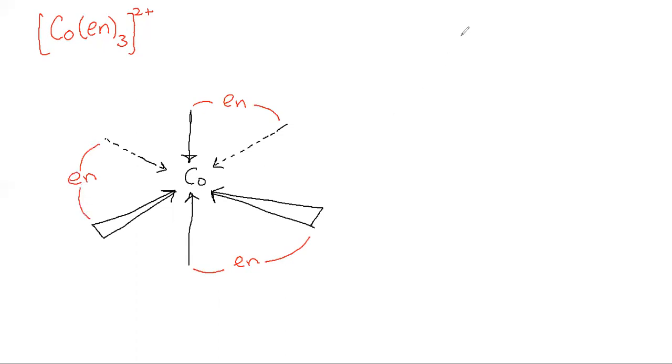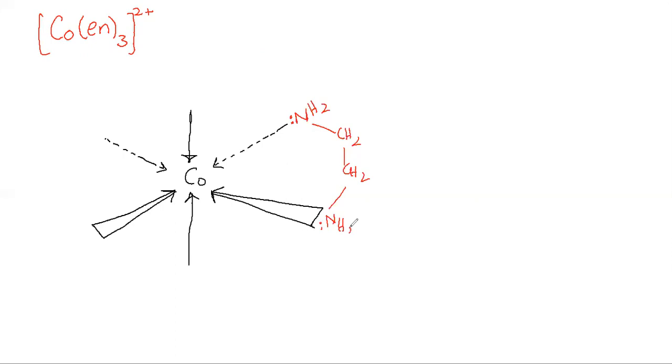If the examiner says to show the bidentate ligand in detail, if it is asked in the question that the bidentate ligand has to be shown in detail, then, as we just studied that En is diamine, you have to show it like this. This is one of the bidentate ligands, and the other bidentate ligand is this one.